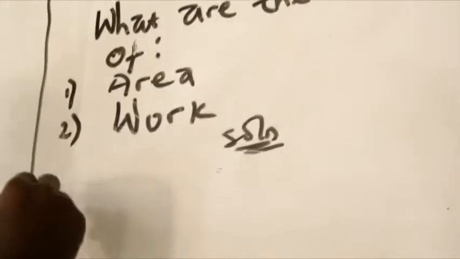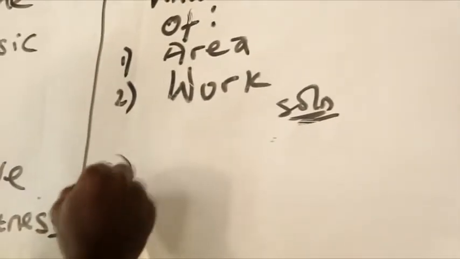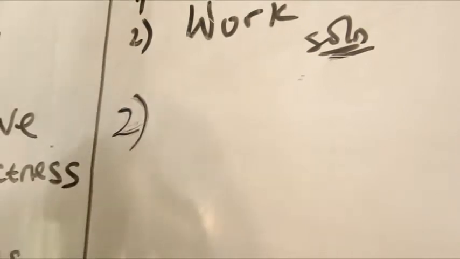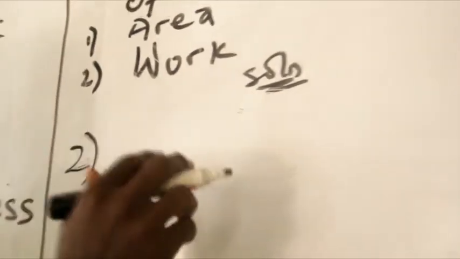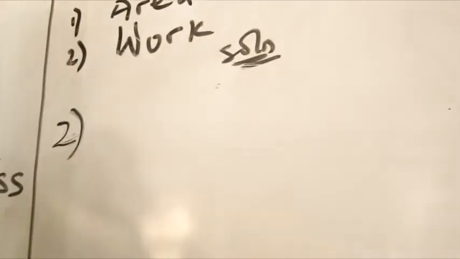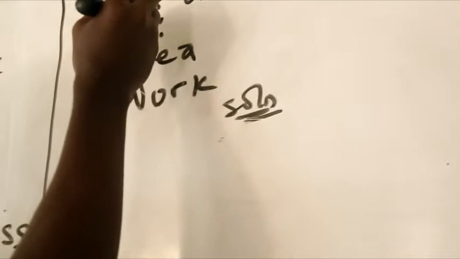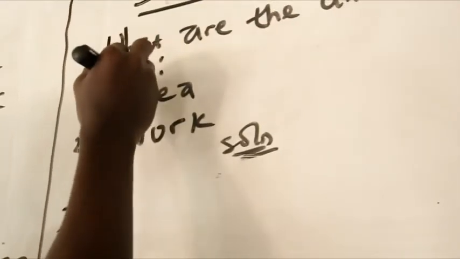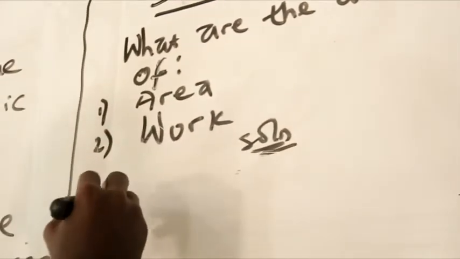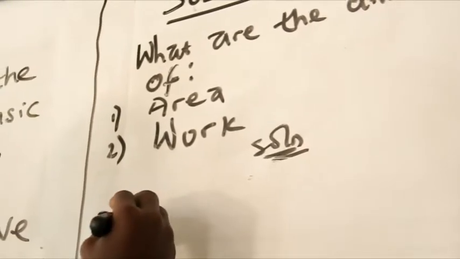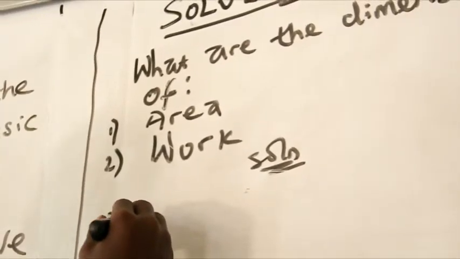What is the dimension of work? So if you can recall what I said earlier, the first step is to know the formula or the derivation of what you are trying to find the dimension of. What I mean is that if you're trying to find the dimension of work, you must remember the formula for work itself. How do you derive work?